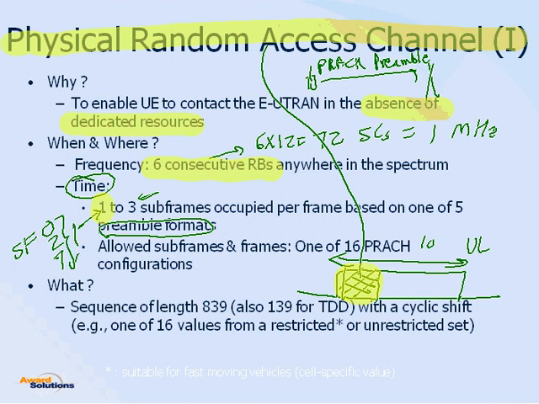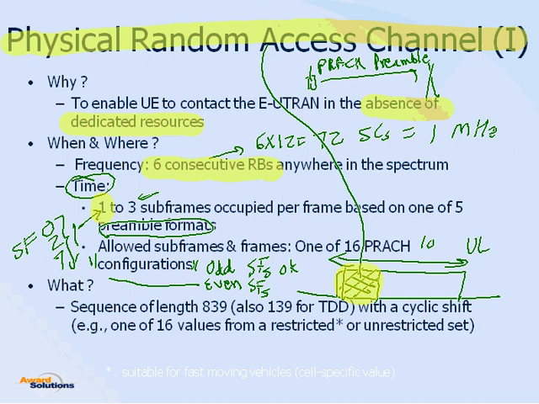During which subframe can you send the random access channel? So there are some configurations defined by the standard. So one example would be odd subframes are allowed in that cell. Another configuration says only even numbered subframes are allowed for the random access.